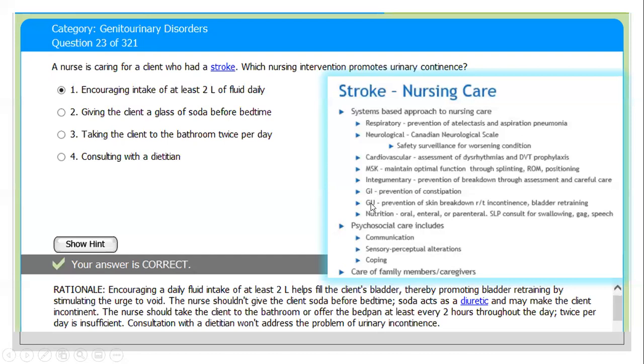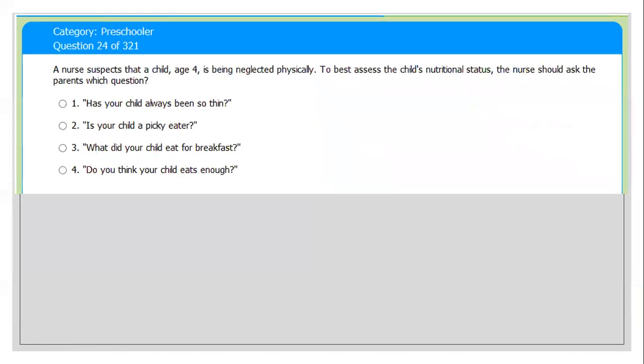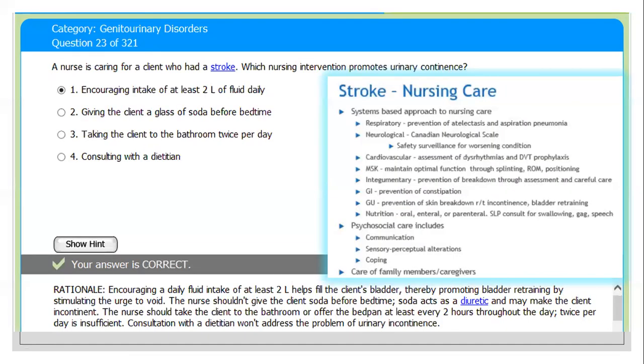GU, genitourinary: it is good to prevent incontinence. Bladder training is important. Nutrition: oral care, enteral nutrition, parenteral nutrition is important. Also consult for swallowing or gag reflex or speech.